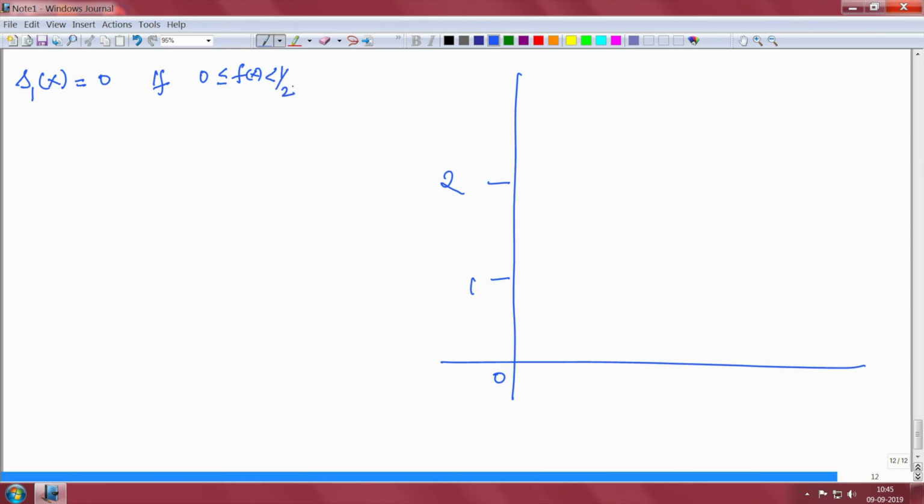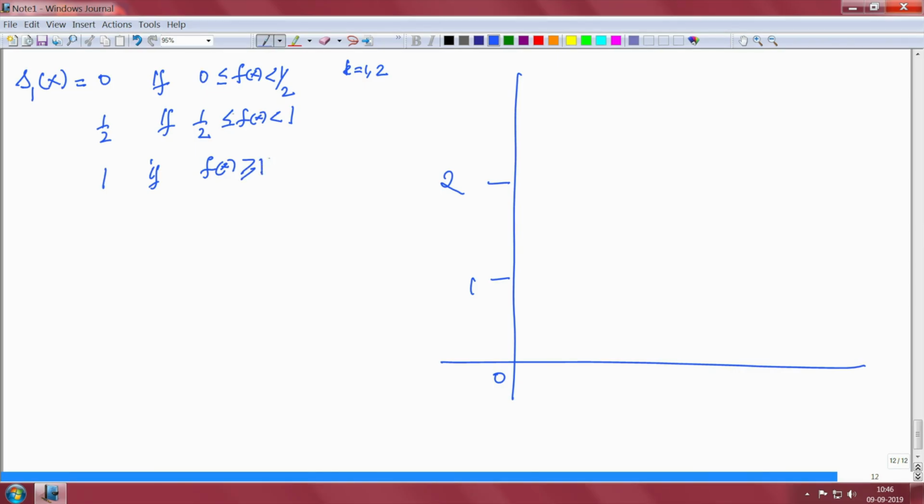Remember, k goes from 1 to 2. It would be half if half is less than or equal to f of x less than 1, and 1 if f of x is greater than or equal to 1.